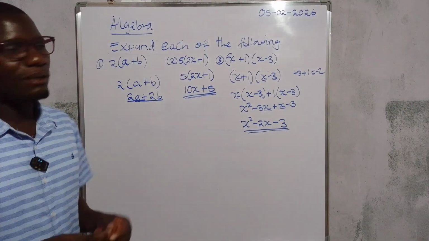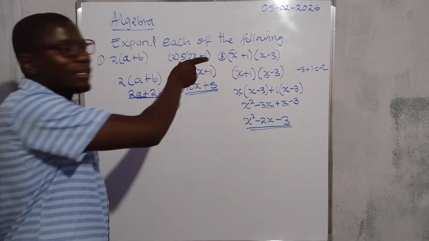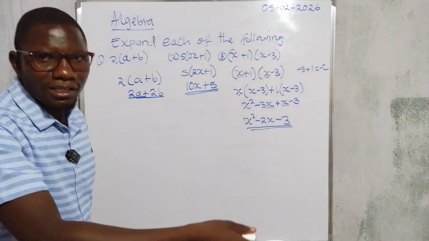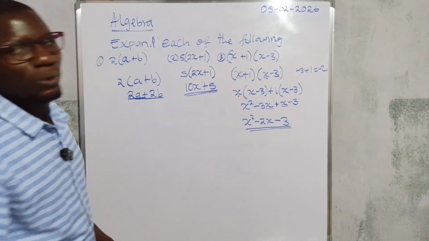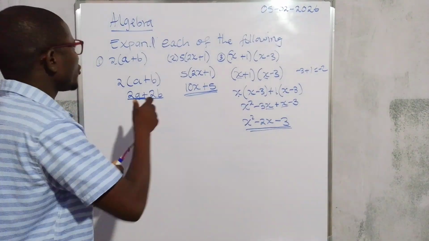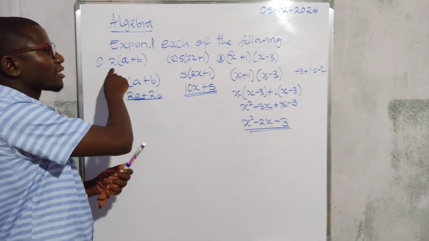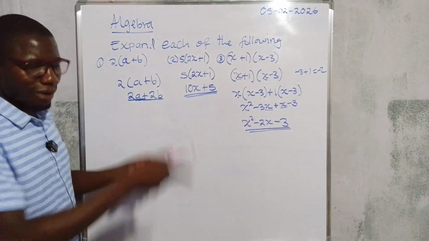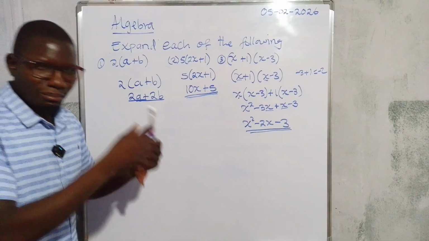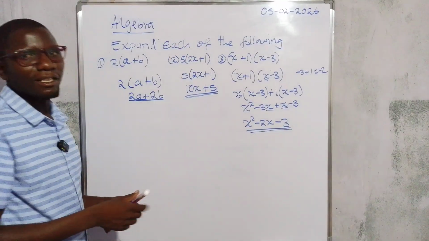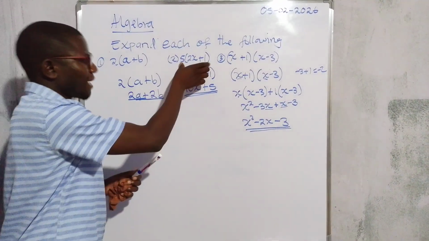In most cases, you'll be given such kind of expressions and you are told to simplify it. So if you are given an expression with brackets and you are told to simplify this kind of an expression, the first thing is to expand.